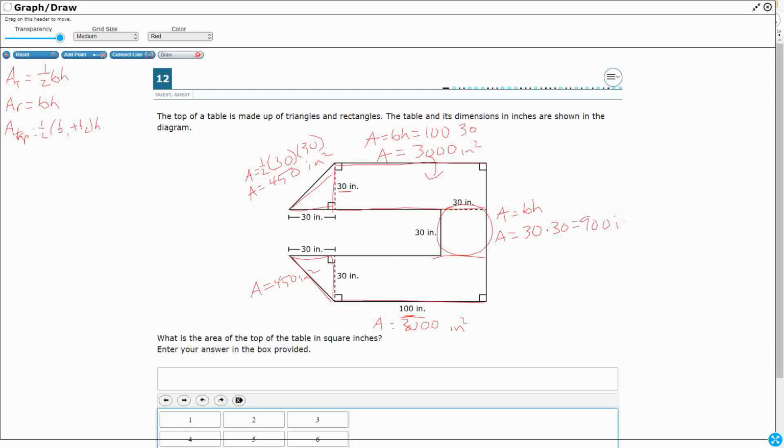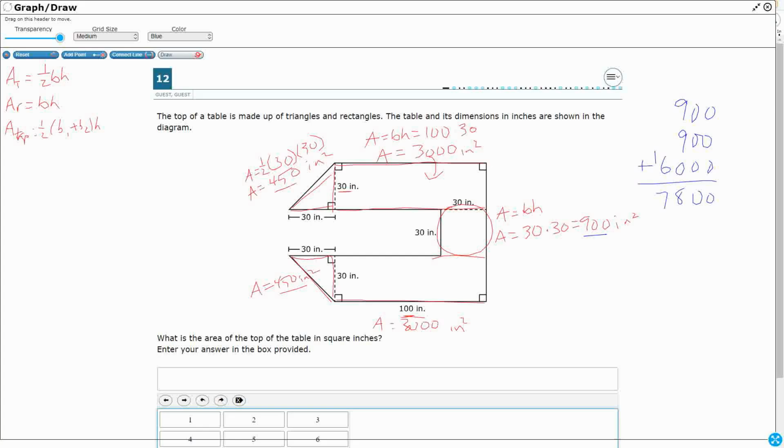All right, so now it looks like we've got all of our pieces. 450 plus 450 make 900, so those two triangles make 900. This is 900. And then I've got two 3,000s, so that makes 6,000. So it looks like I've got 7,800.